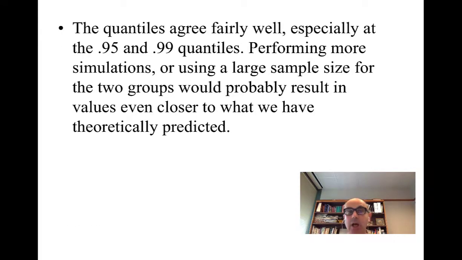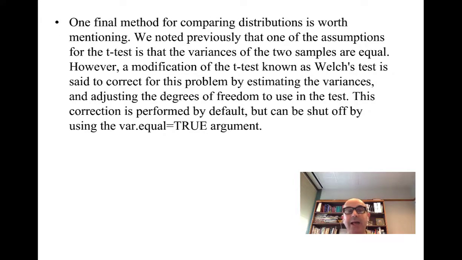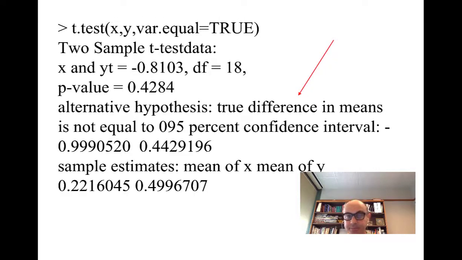So we can also divide the data into quantiles, which means that if we are doing quantiles, we need to make sure that the 95 and 99% quantiles perform the same calculation when we do that. In this case, we apply the alternative, which means that the true difference in means is not equal to 0.95, and it means that we can calculate that.